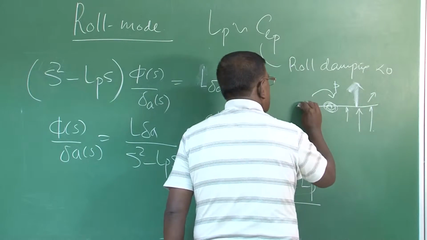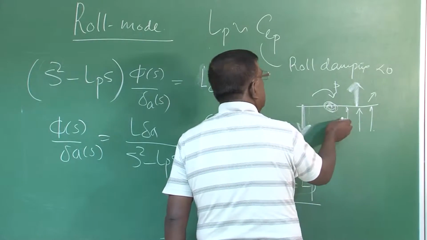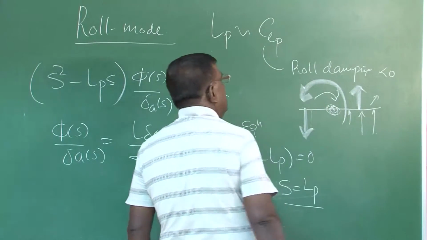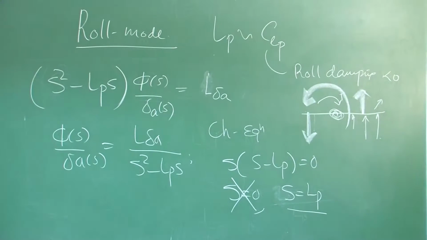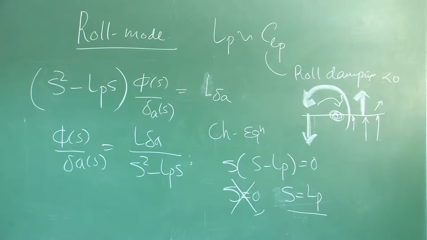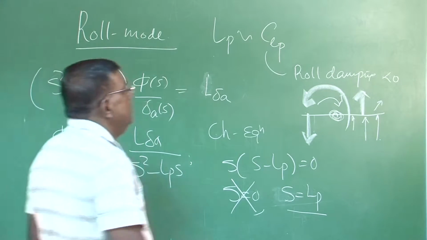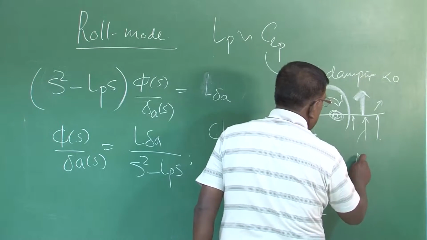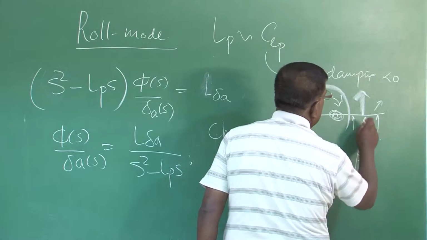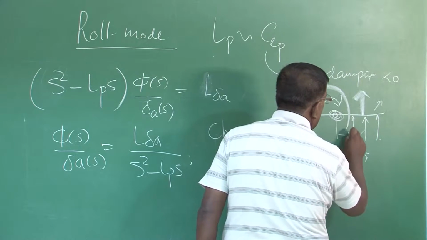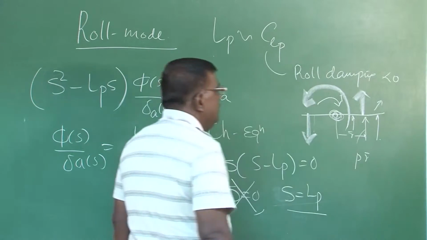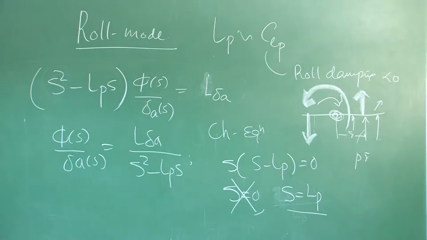So when it goes up on one side, the reverse will happen here. This will give you a rolling moment like this. This is the roll damping, because the rolling moment is proportional to P. This induced velocity is proportional to P r bar, at a distance r bar from here. So this moment is proportional to the rate. So you say this is roll damping.